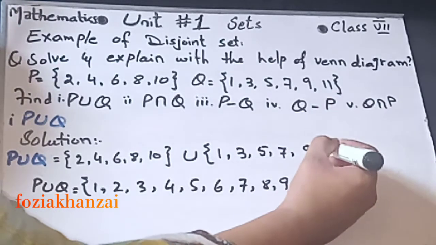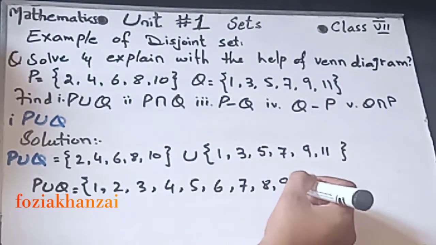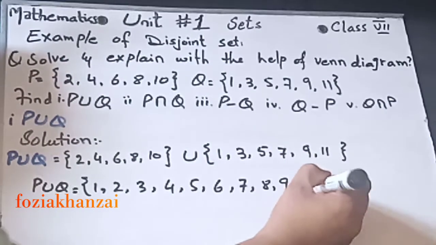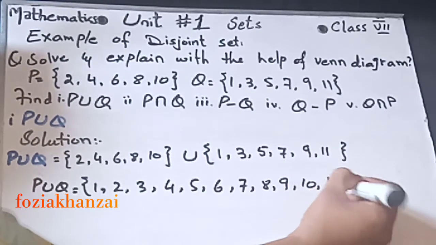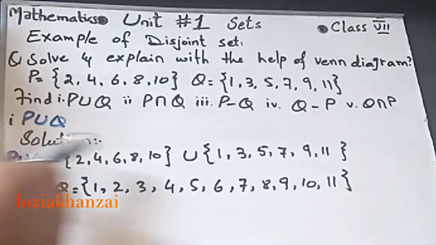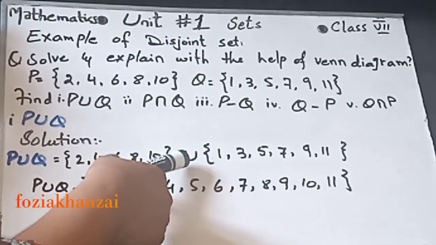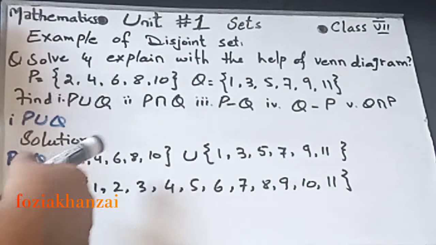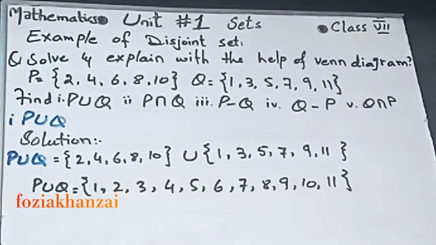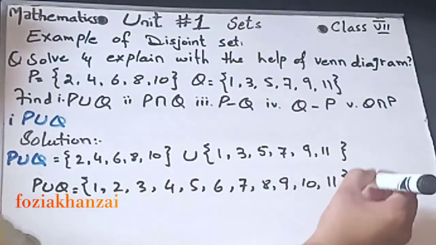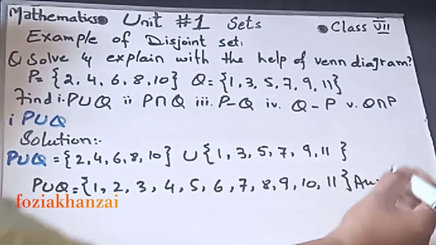Now I corrected it: after 9, 10, then 11. Clear? Set P and set Q, we find union P union Q. So we write down all elements which belong to set P and Q in ascending order. It's our answer, P union Q.